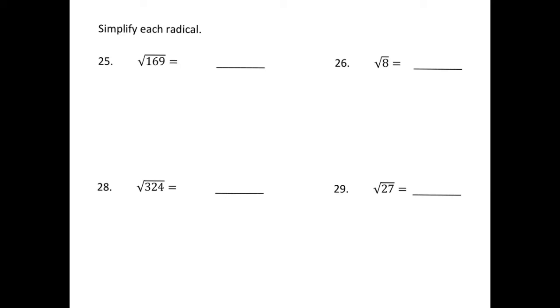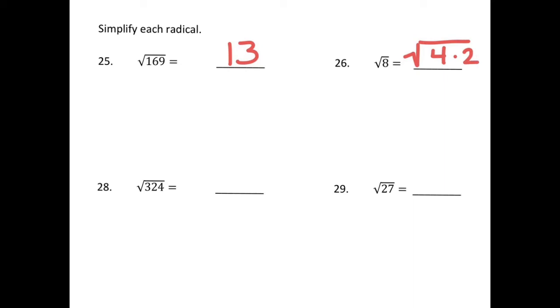We have the square root of 169. Well, I know that the square root of 169 is 13. So that's an easy one, right? And then we have the square root of 8. Well, the thing with the square root of 8 is that it's not an exact number. But I know that 8 can be changed into 4 times 2. And why is that important?